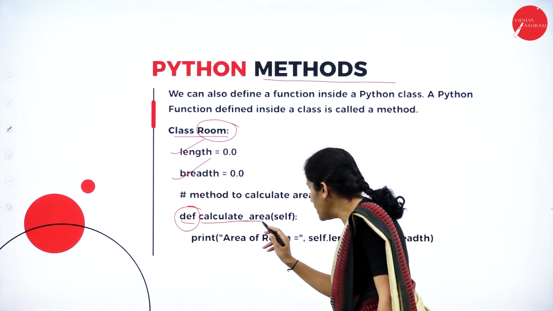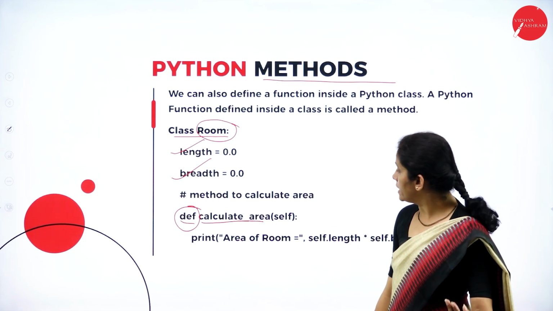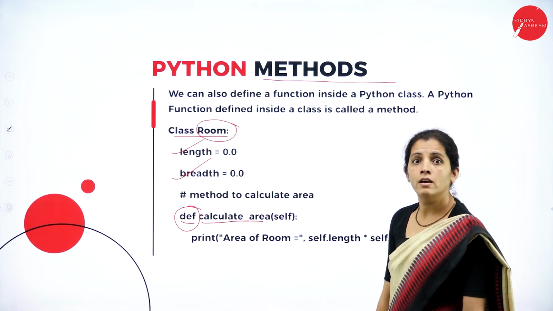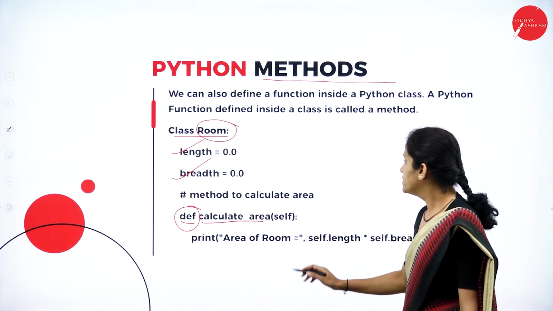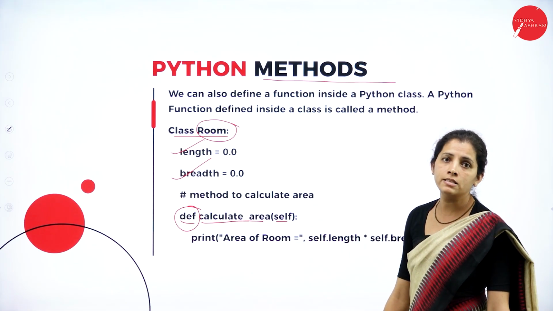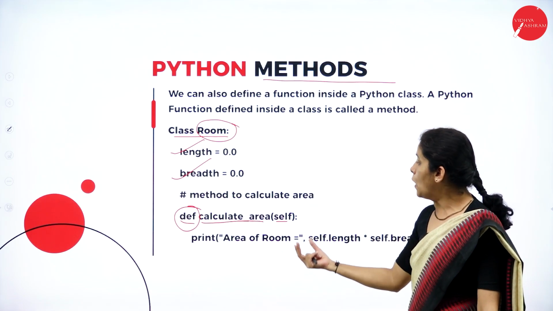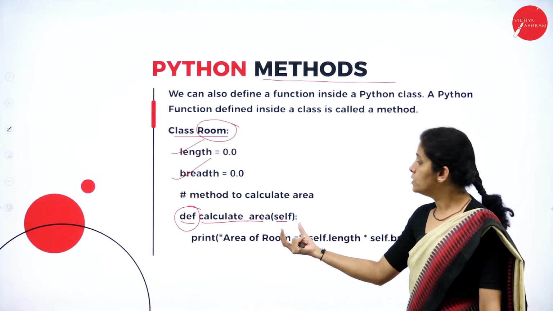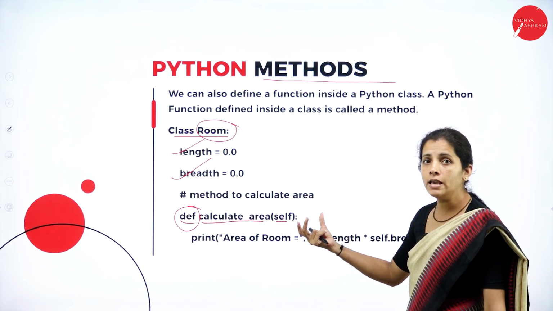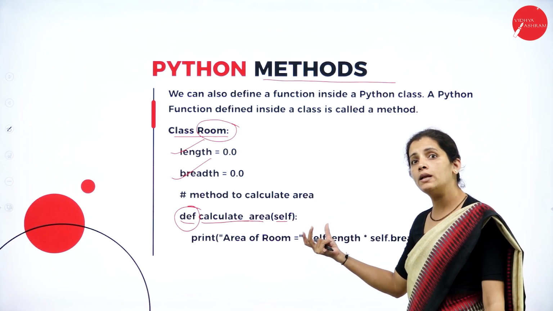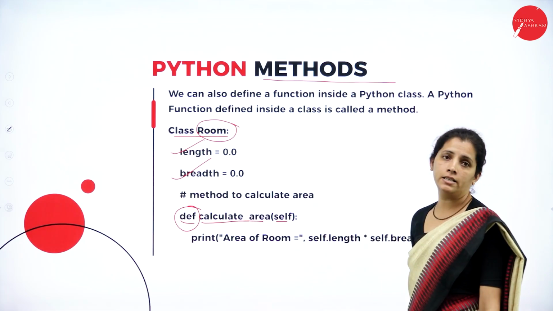Then what is my method name? Calculate area. What's my method name? Calculate area. Okay, see, what is this? Self. It's an object.